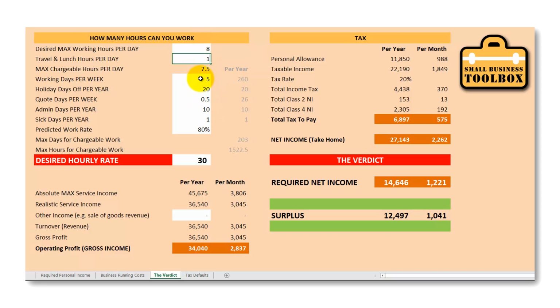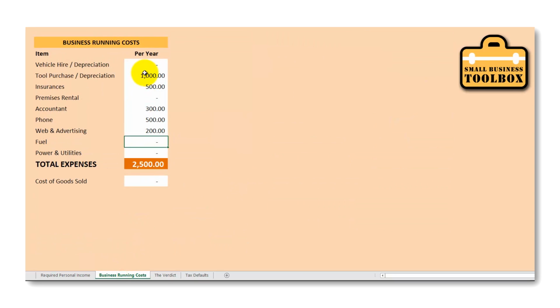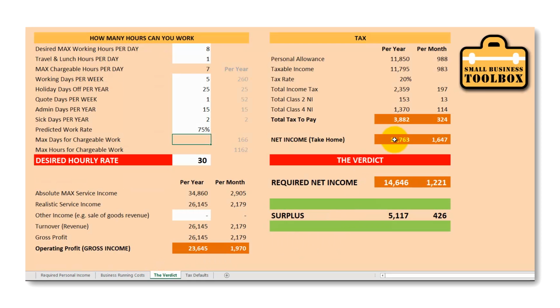An hour of travelling and having lunch, back to having a decent amount of holidays so that you don't burn out, normal quote days, normal admin days, couple of sick days, 75% work rate. And even with ultra low business running costs, we're still only bringing in 5 grand more than you would make working at Mucky D's.